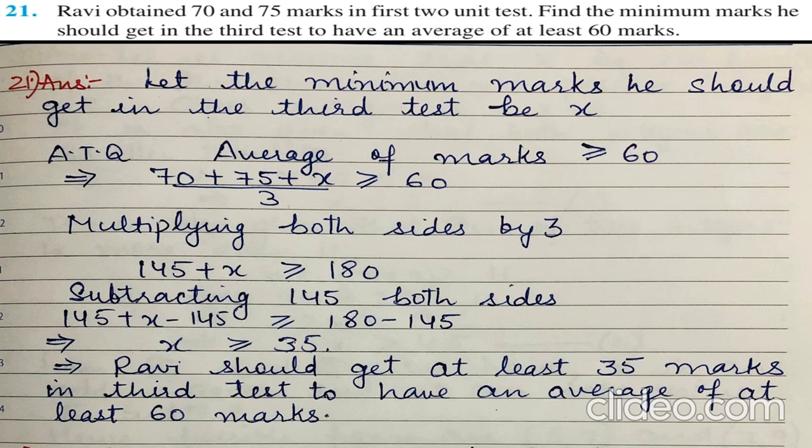So here we can conclude that the minimum value of X must be 35. So Ravi should get at least 35 marks in third test to have an average of at least 60 marks. So this completes 21st question.